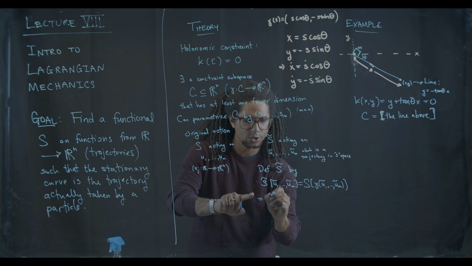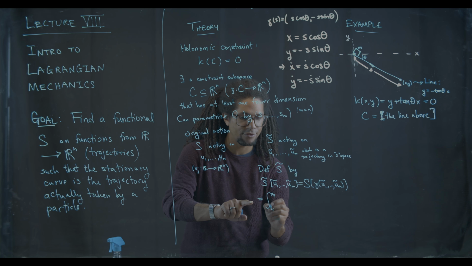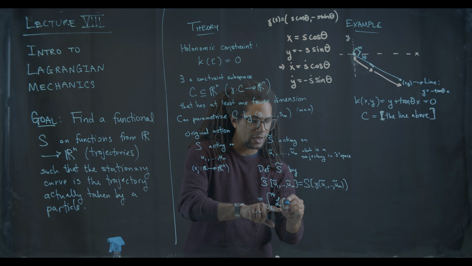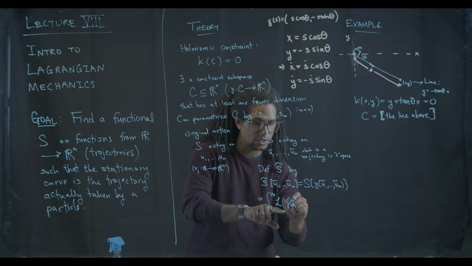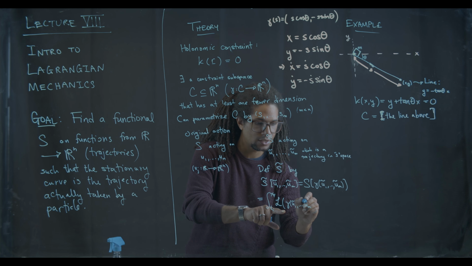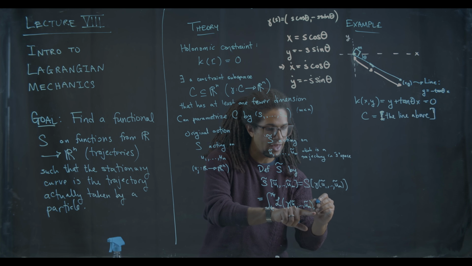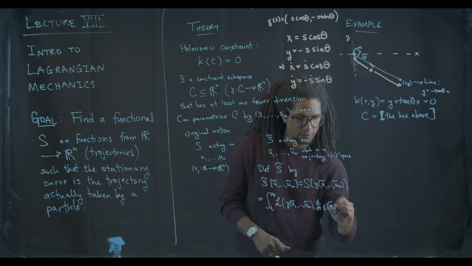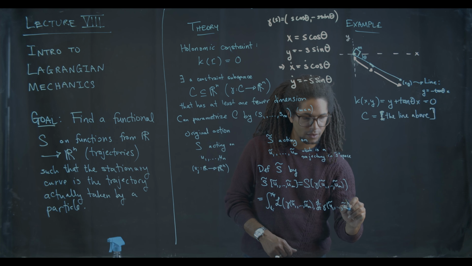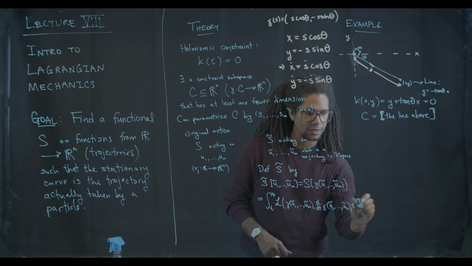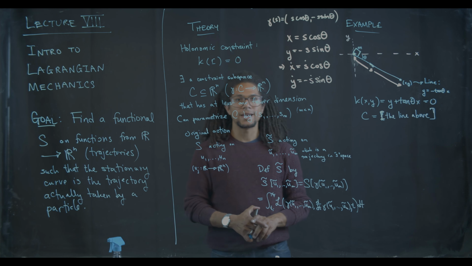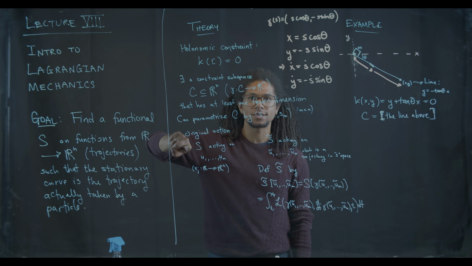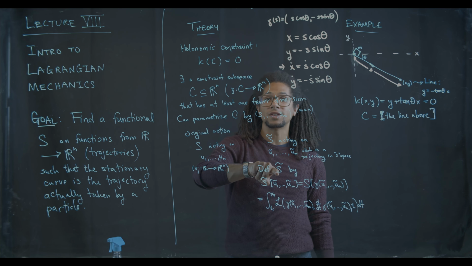It is the integral from Ti to Tf of the Lagrangian evaluated at gamma of u1 tilde through um tilde, then the derivative with respect to time of that exact same object, and then possibly t, dt. Great. And now, rather than trying to find a stationary function of the original S, we can find a stationary function of this S tilde.